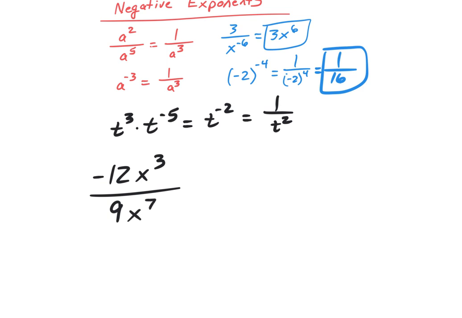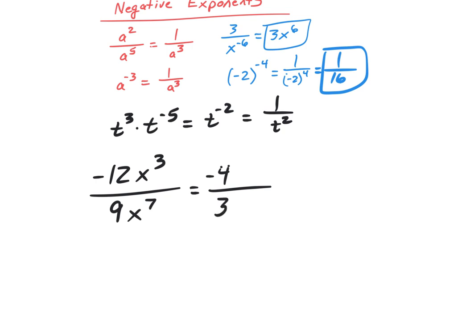So now we see numbers and we see variables. Once again, simplify it, reduce it based on what we have. Okay, so simplify negative 12 over 9. What goes into both 12 and 9? 3, okay? So we can take 3 out. 3 goes into negative 12, negative 4 times. 3 goes into 9, 3 times.